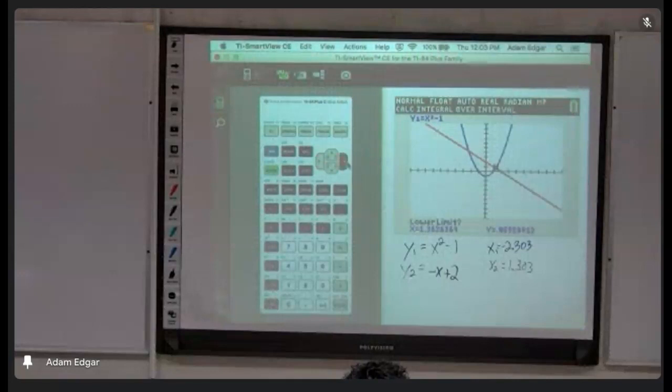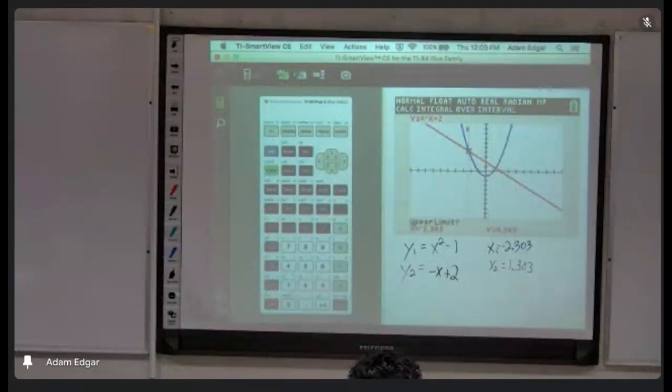So if you want to travel along the red line, click the up or down arrow. Now you're on the red line. You can see which equation you're on up there in the corner. Then you can move along that line using the left or right arrow. The lower limit we said was negative 2.303, so we'll just type that in here. Hit enter.